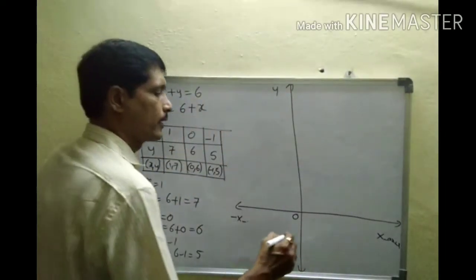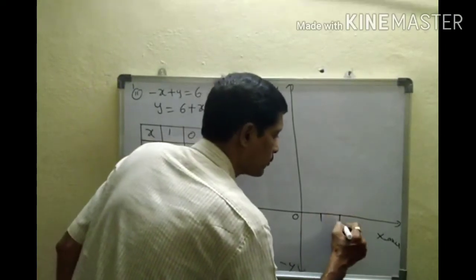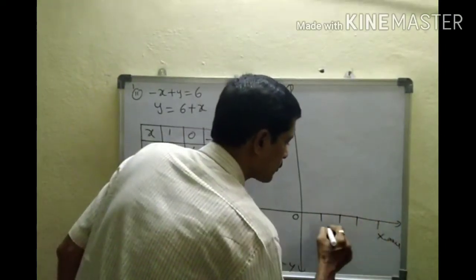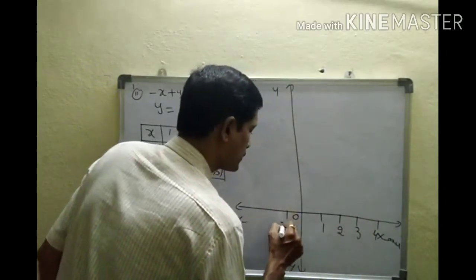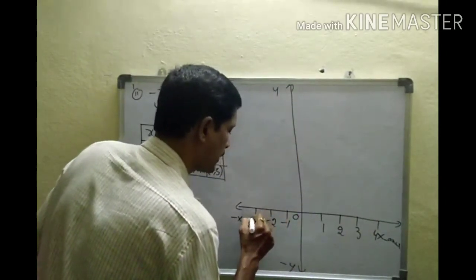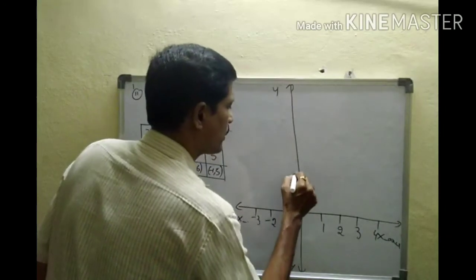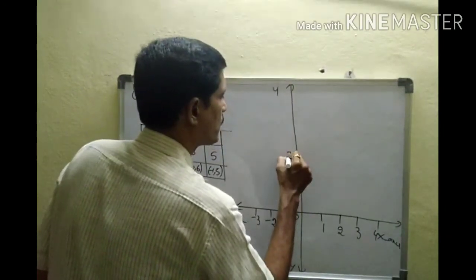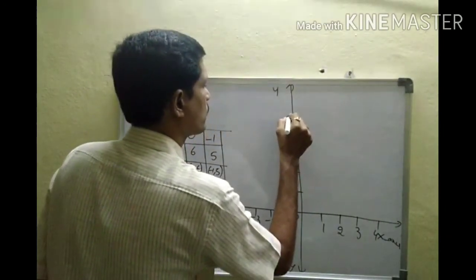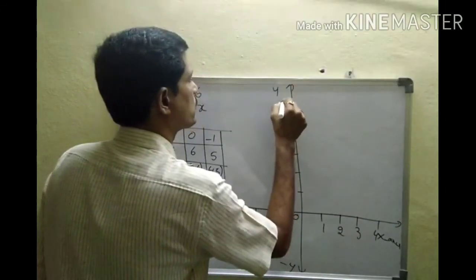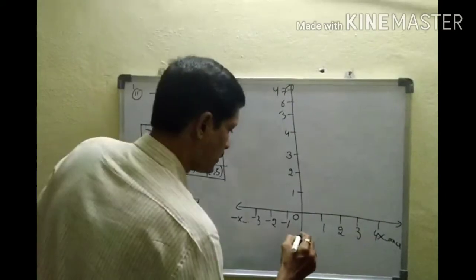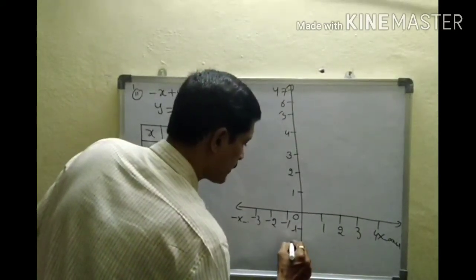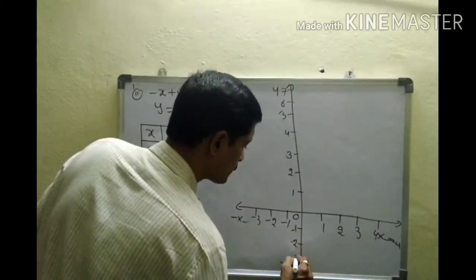Therefore, here 1, 2, 3, 4. 1, 2, 3, 4. Minus 1, minus 2, minus 3. Here 1, 2, 3, 4, 5, 6, 7. Next one is here minus 1, minus 2, minus 3.